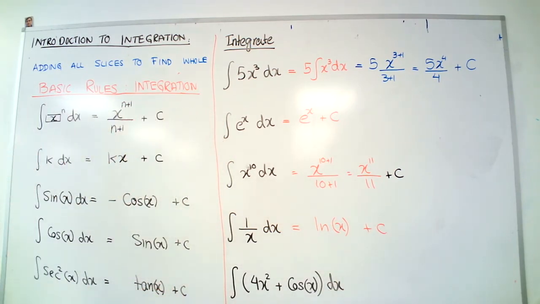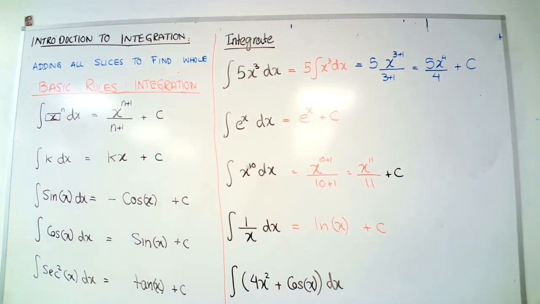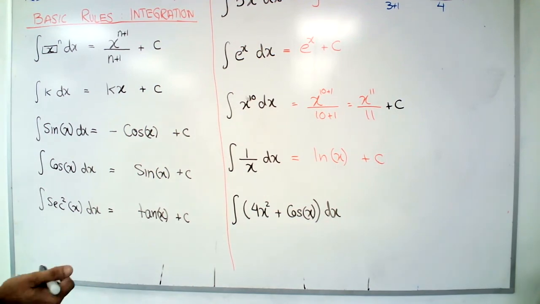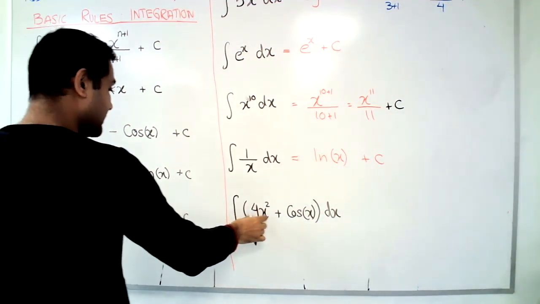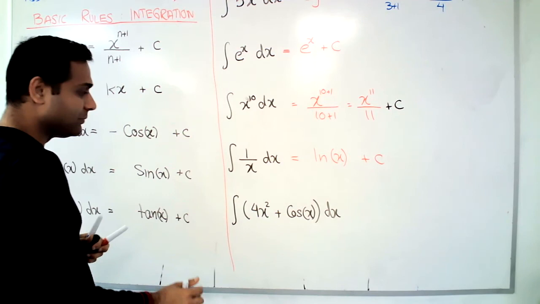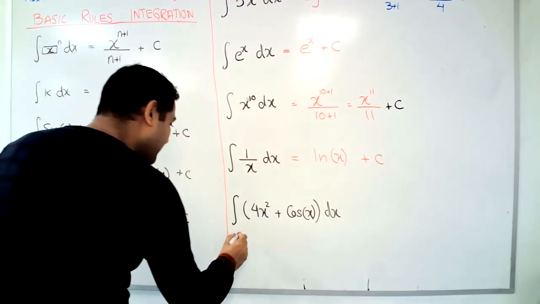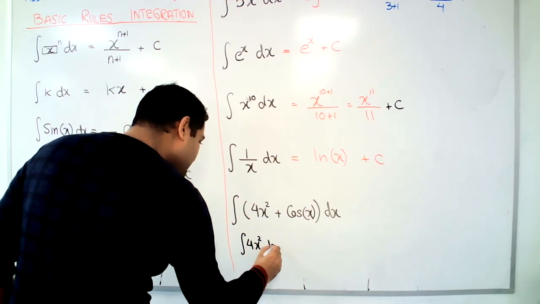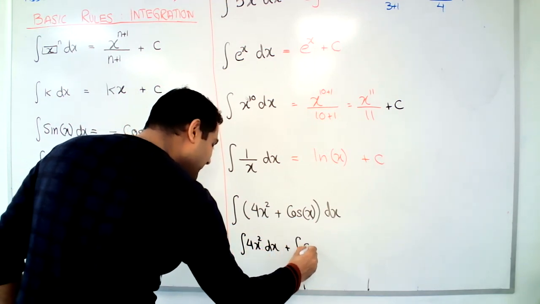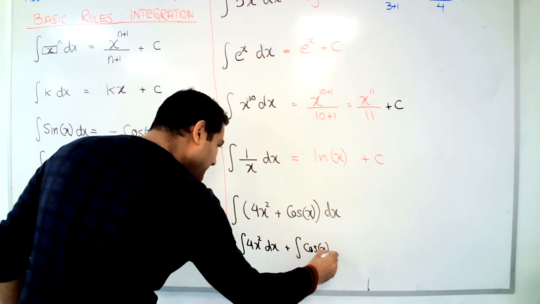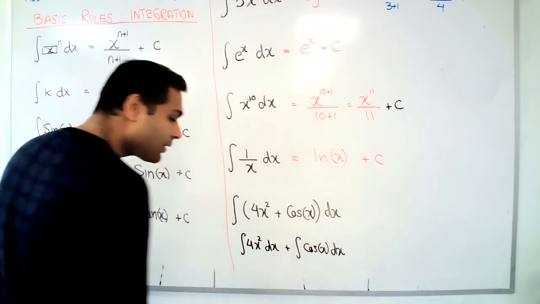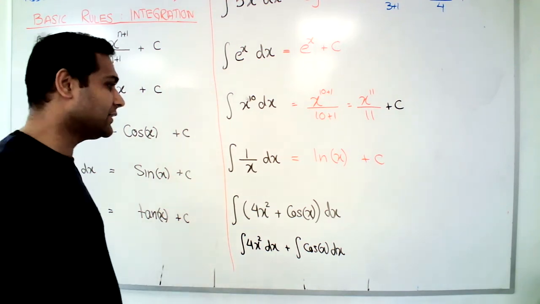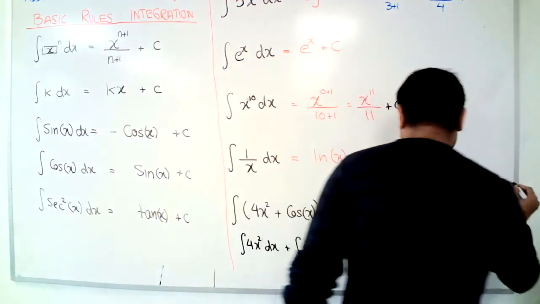Okay. Now the last one, integration of 4x squared plus cos x. When you got that kind of thing, you need to integrate this bit and you need to integrate this bit. So let's integrate that bit, and then we integrate this bit. Now 4 is a constant, so I'm just going to leave that one on this side.